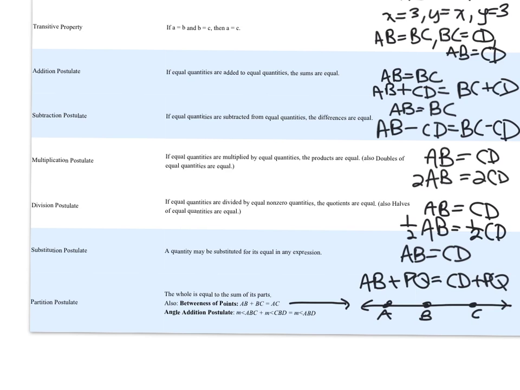So if I had angle ABC and angle CBD, I know that when I add these two angles, I'm going to get that whole angle. So the partition postulate says that the whole is equal to the sum of its parts, so you can either use it working forwards, where AB plus BC equals AC, or you could work backwards, saying that AC has to be equal to its parts, and that's by the partition postulate.